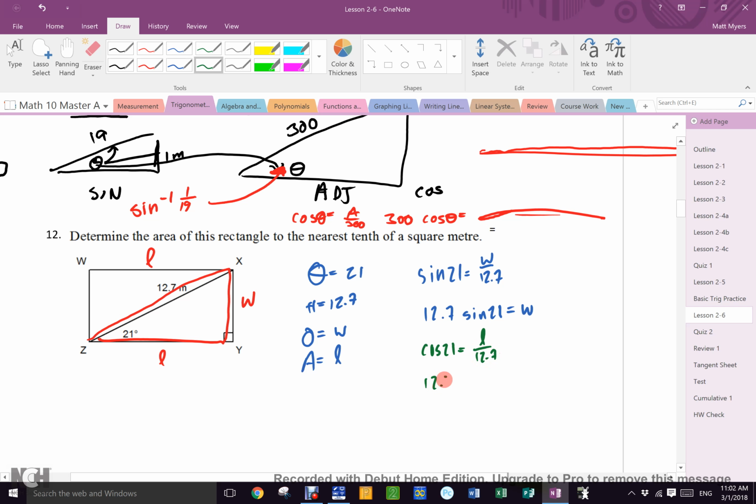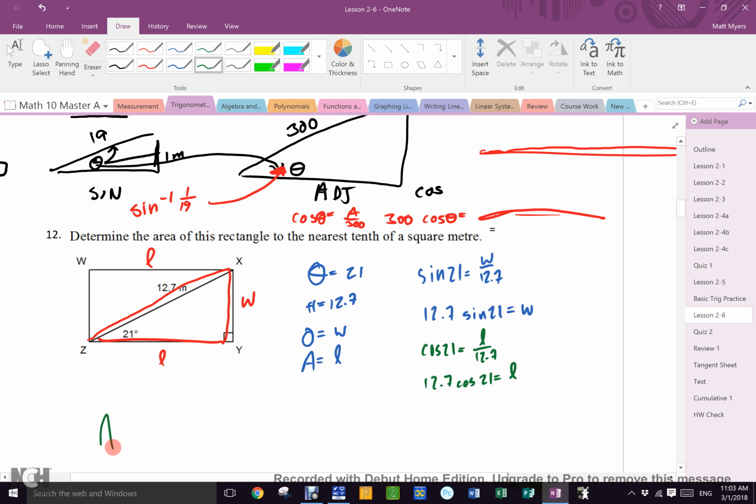So 12.7 cos 21 equals L. Why haven't I gone to my calculator yet? Do any of these give me the answer that I seek? I'll wait a moment. What is the answer that I seek? What is the question asking me?